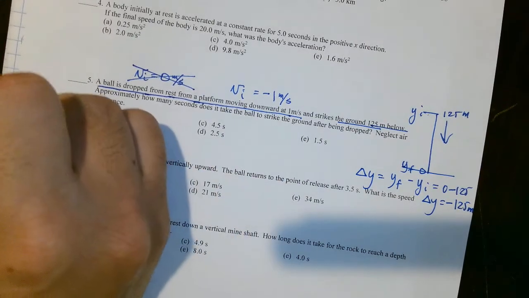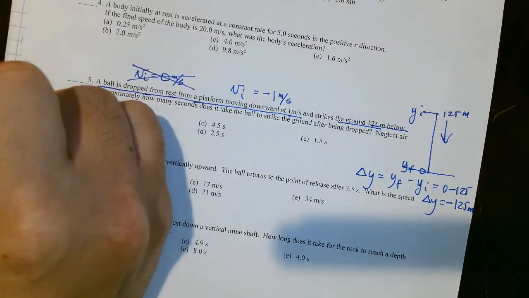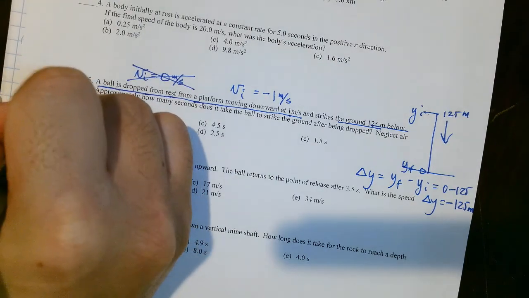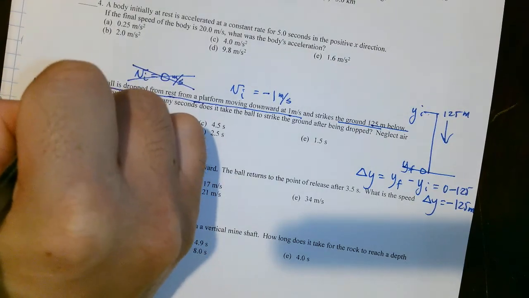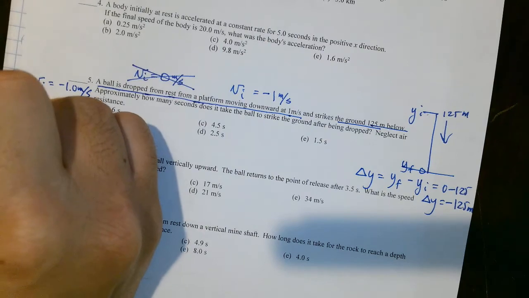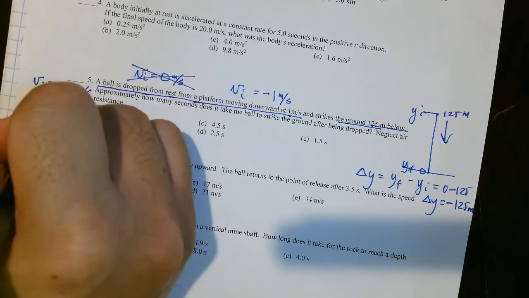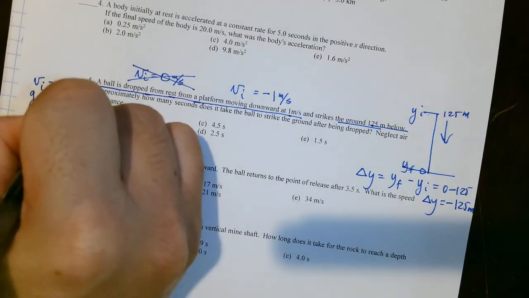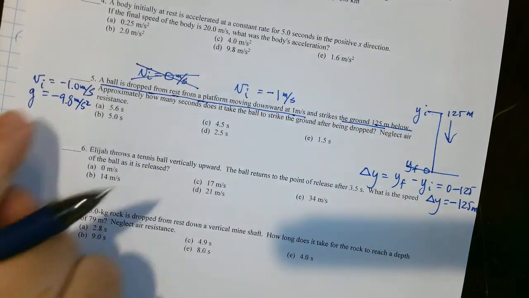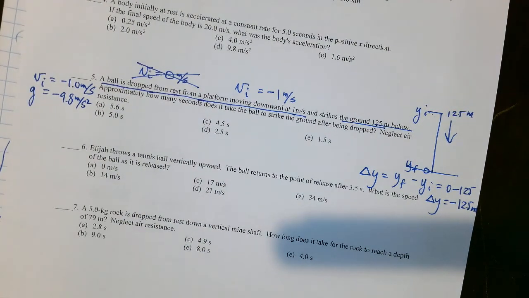All right. So here, I would write the variables that I know. Initial velocity, -1.0 meters per second. I always know gravity for Earth is -9.8 meters per second squared. And the reason why it's negative is gravity sucks. It always sucks towards the center of the Earth, right?